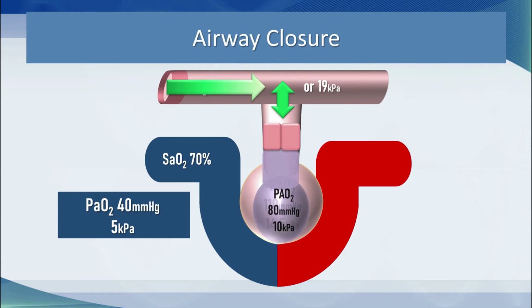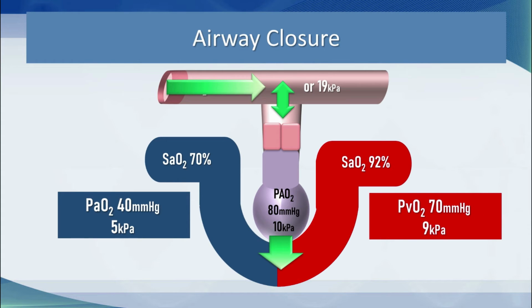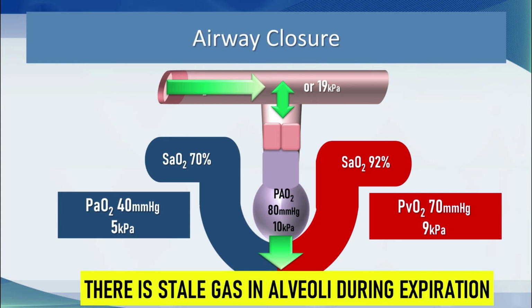The problem is it cannot be replenished from above, so the gas becomes progressively more stale. So the alveolar O2 content as expiration goes on becomes lower and lower and lower and closer to the venous oxygen content. And so eventually this gas becomes very, very stale during expiration.